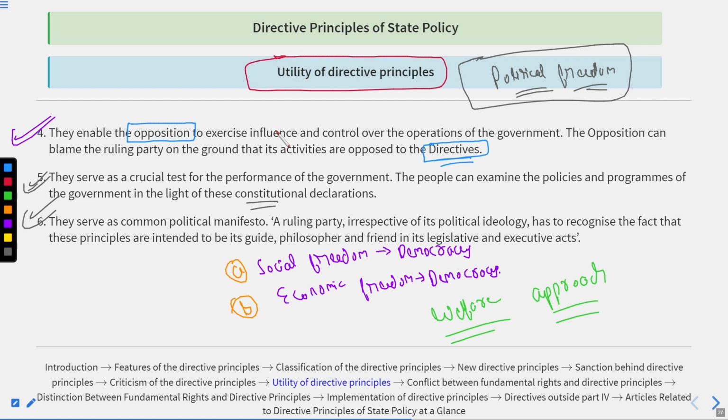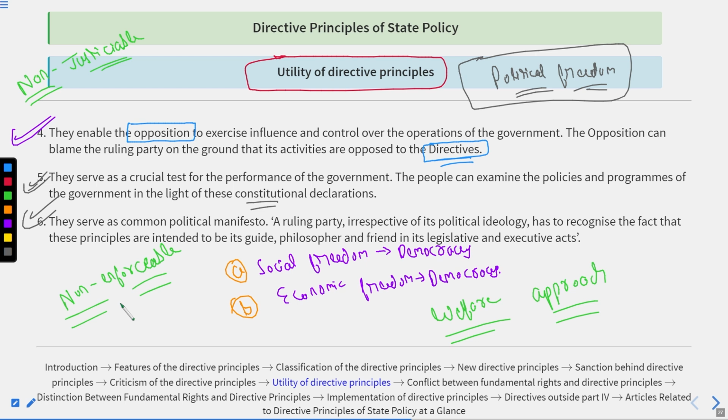All right. And here we could also say that, however, these are non-justiciable in nature and non-enforceable. Why?